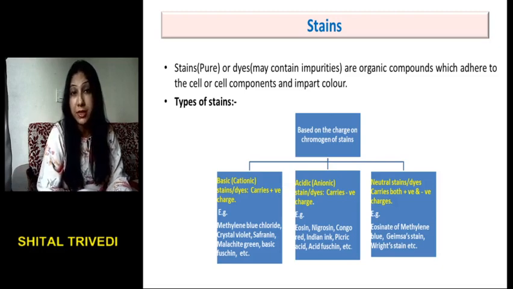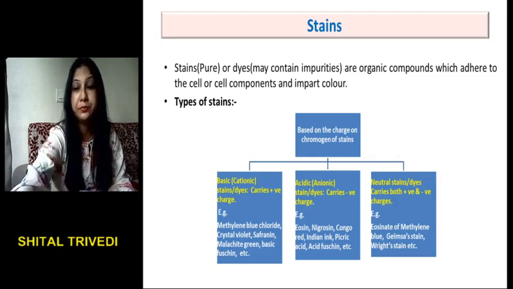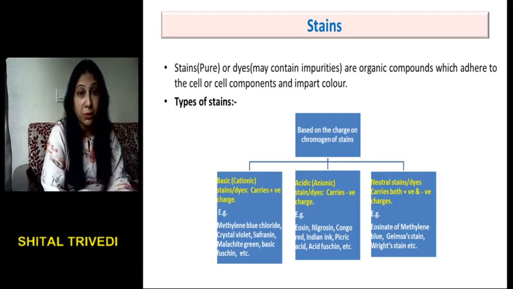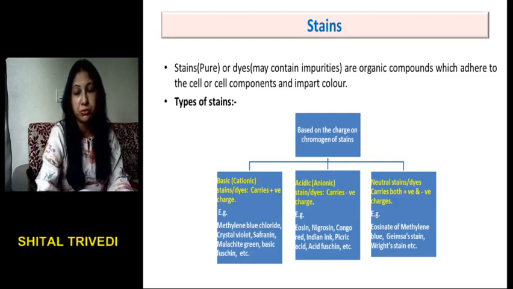The third type is called neutral stain, because the chromophore in this stain carries both positive and negative charge. Examples like eosinate of methylene blue, Giemsa stain or Wright stain, etc. can be used as neutral stain. Stains are purer than the dyes, and for biological purposes, certified stain should be used.